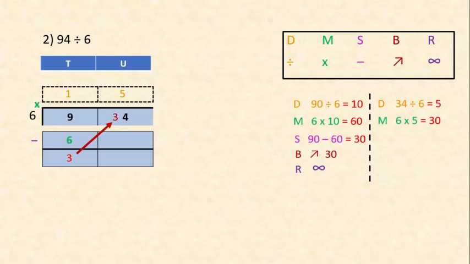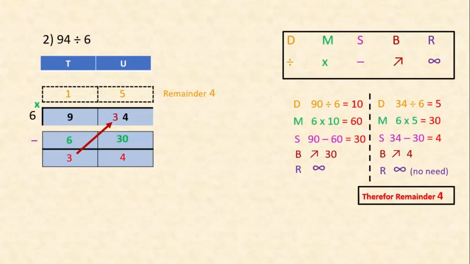Multiply. 6 times 5 equals 30, and our answer goes underneath. Subtract. 34 minus 30 equals 4. Bring up the 4, and then we have nothing to repeat. So that means we have a remainder of 4. So our final answer is 15 remainder 4.